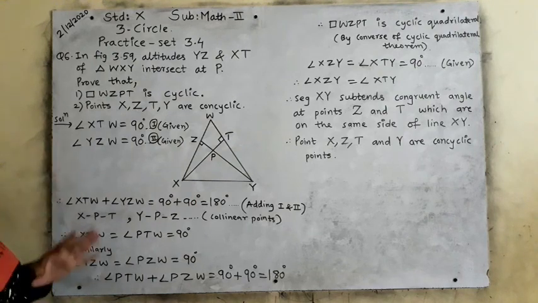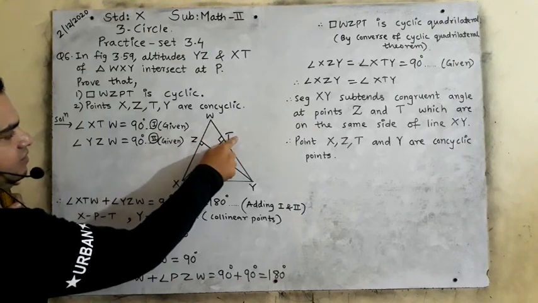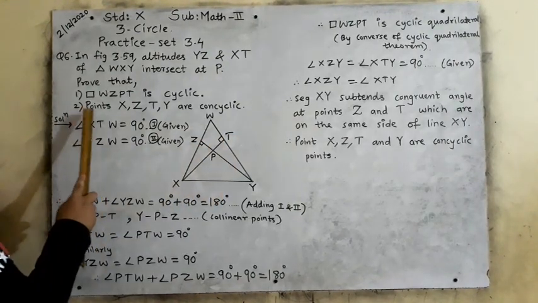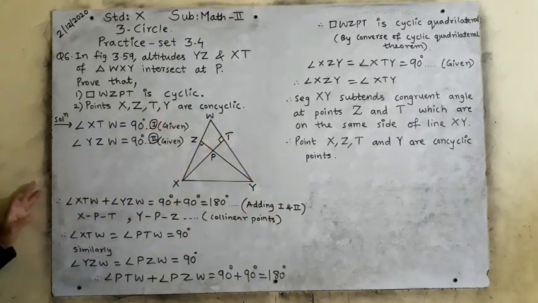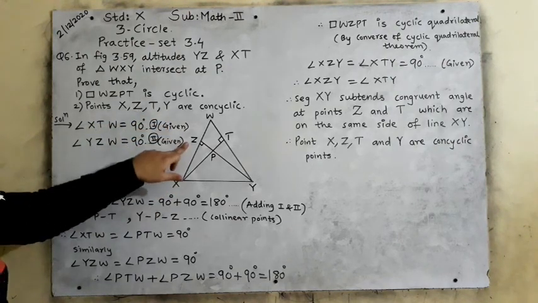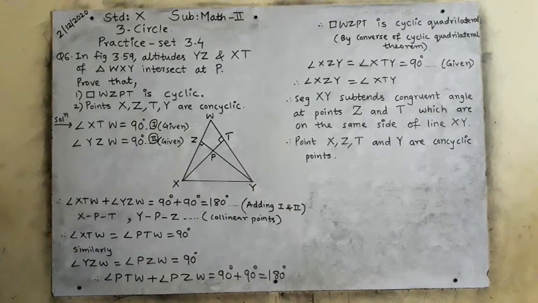Why is it cyclic? We have to focus on its opposite angles, Z and T, W and P. Second one, points X, Z, T, Y are concyclic points. We have to prove points X, Z, T, Y are concyclic points.